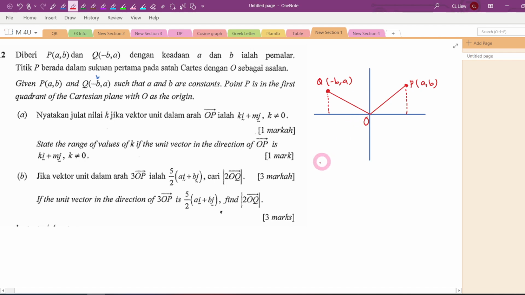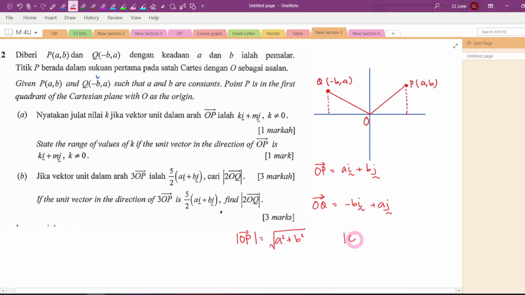Now, the vector OP is ai plus bj, right? How about the vector OQ? This is negative bi plus aj. You will notice that these are different, but their magnitudes are the same. Magnitude of OP is equal to the square root of a squared plus b squared.